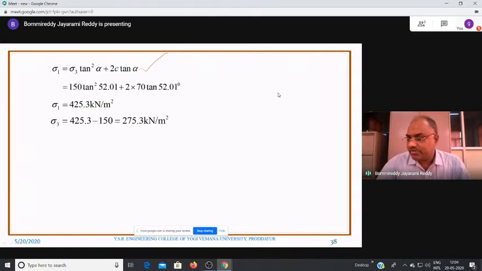All parameters are known, so you can find out sigma 1. Once sigma 1 is known, sigma deviator, sigma d, equal to sigma 1 minus sigma 3, so that you will get 275 kilonewton per meter square. This is the first question.